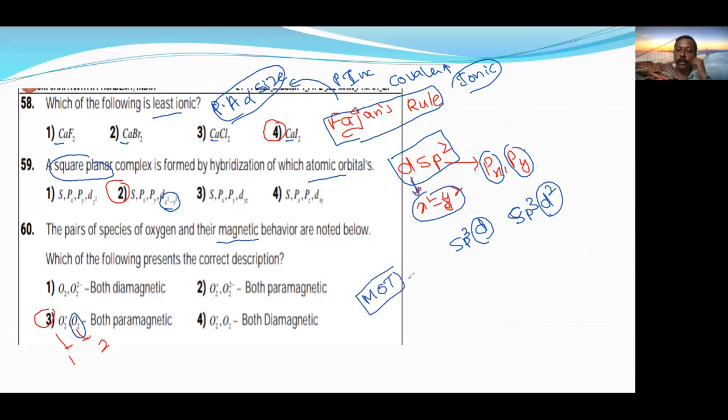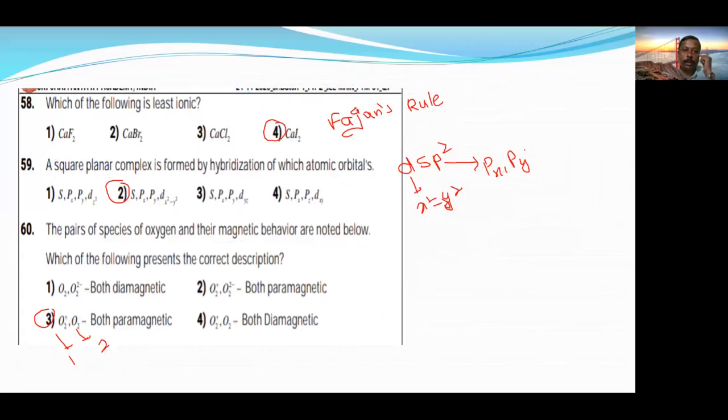According to hybridization and VSEPR theory, they were not able to explain the paramagnetic nature. So it contains 2 unpaired electrons, and the other species contains an odd number of electrons. Therefore, both will be paramagnetic. Okay, so that is the explanation up to this question. Let's see the next one.